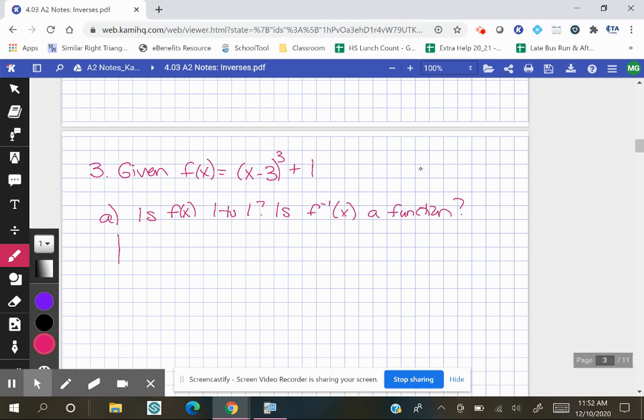And I need to show that little sketch that I just did. So yes, f of x is 1-to-1 because it passes the horizontal line test, which means, therefore, the inverse is a function.